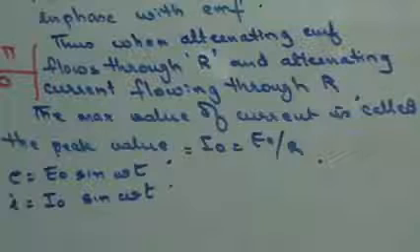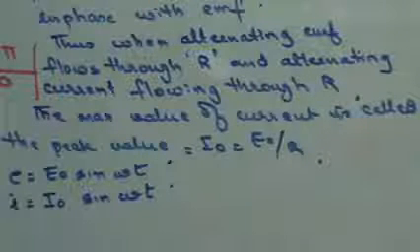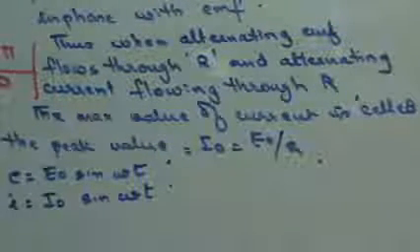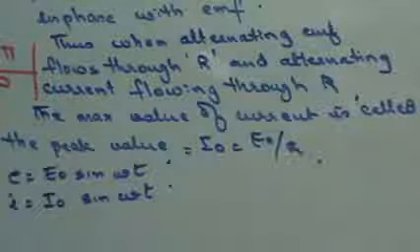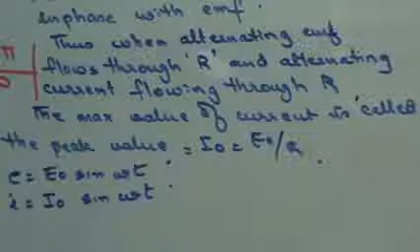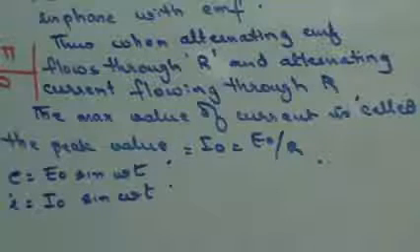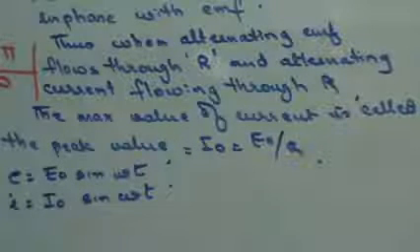So we can infer from this that EMF and the current both are in phase. That means both will be maximum and minimum simultaneously.